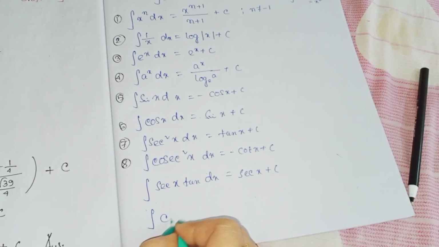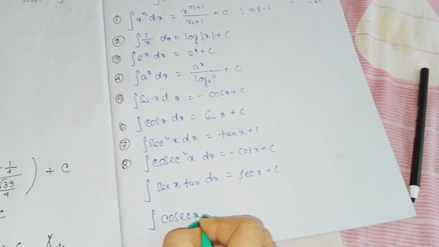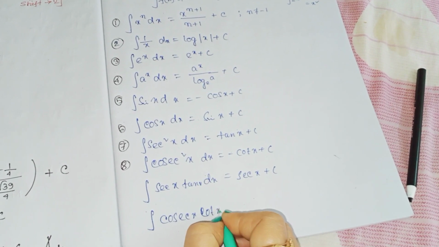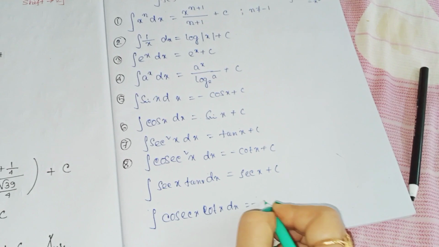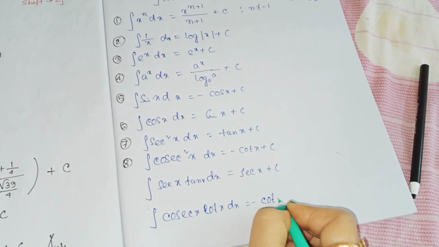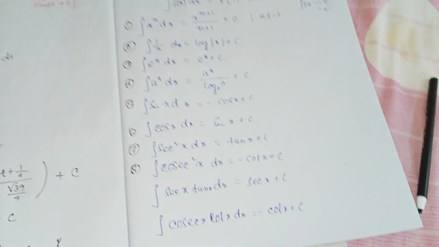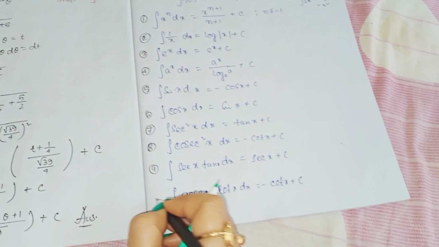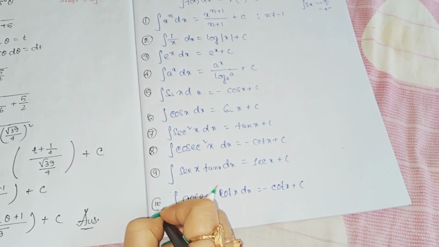Integration cosec x cot x dx is equal to minus cosec x plus c. These are the most important formulas you should remember.